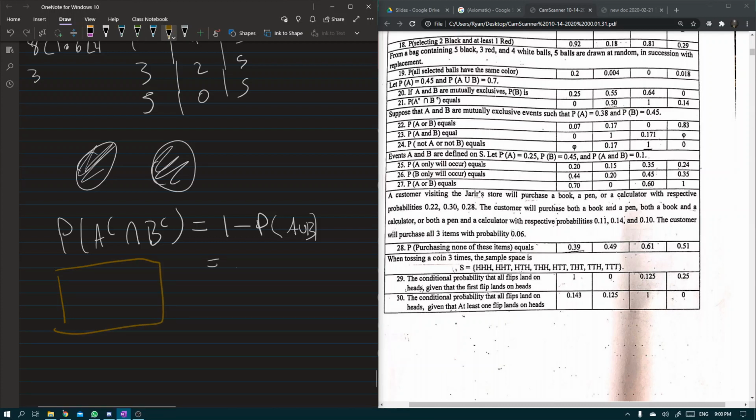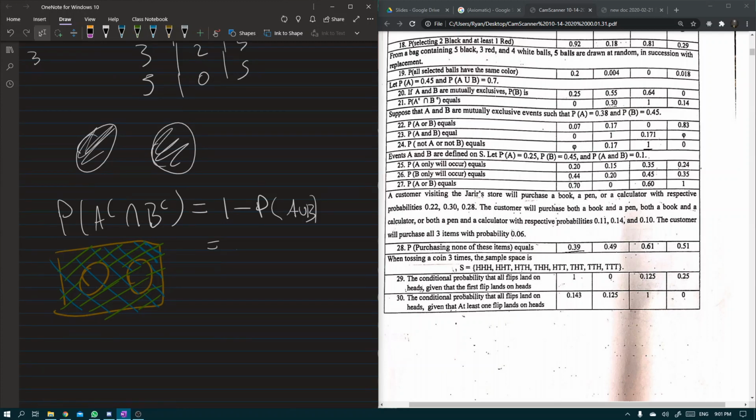Okay, so if this is A and this is B, this is B complement. Then A complement is the intersection.